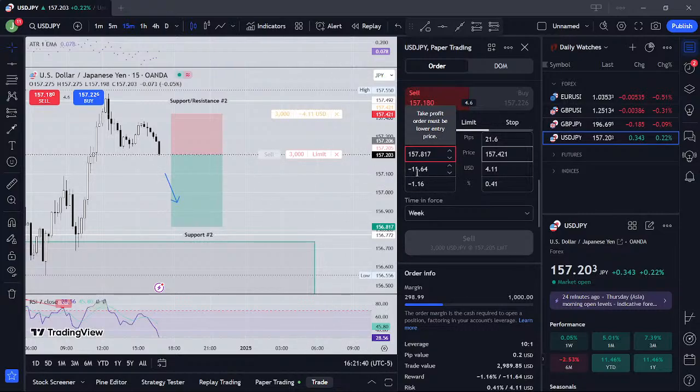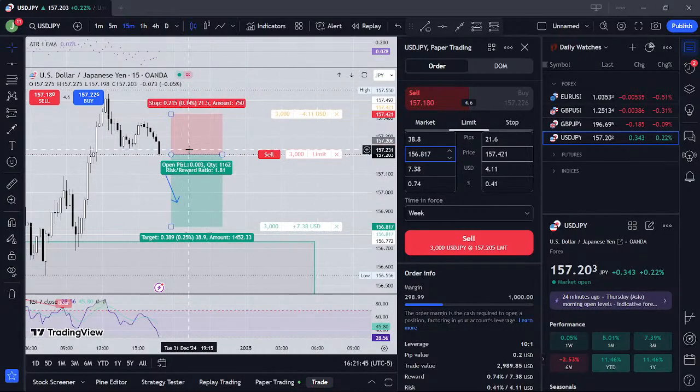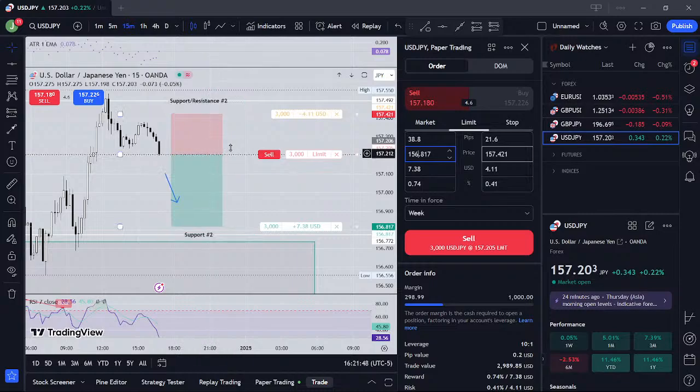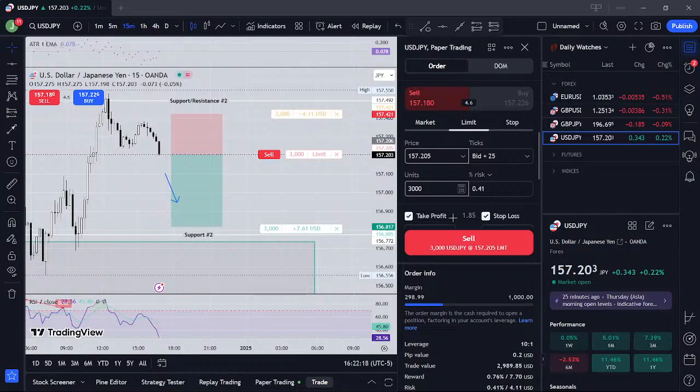Oh, 056, my bad. So we're doing a $7 loser. What are the stakes? It's not too bad because of the commission.